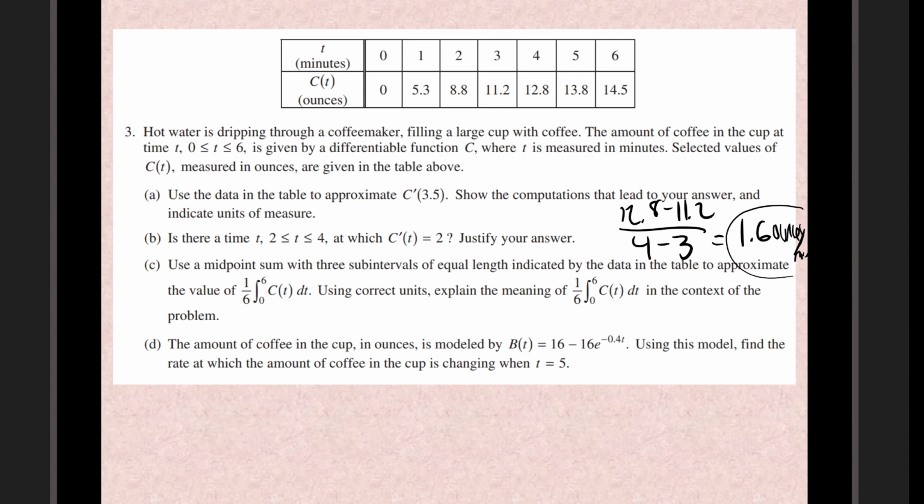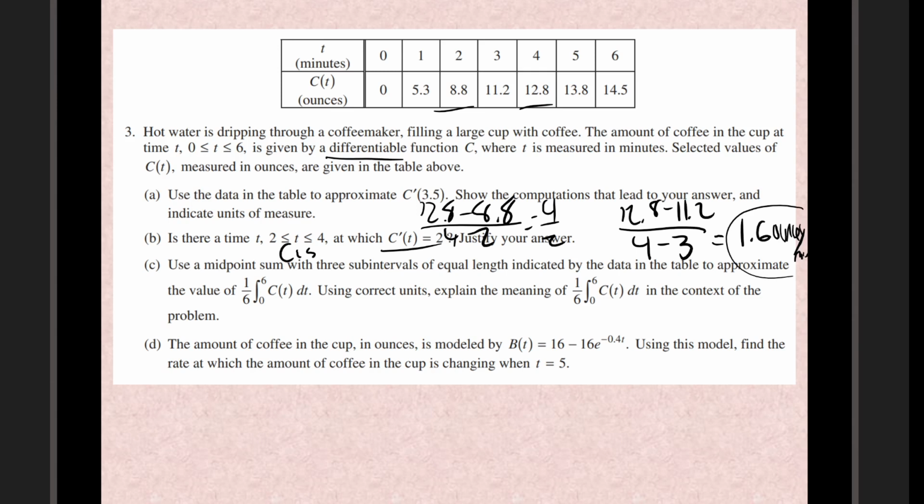Is there a time between 2 and 4 for which C prime equals 2? We have C and we're asked for C prime. This means we're using the mean value theorem for derivatives, so I should do y2 minus y1 over x2 minus x1. That's 12.8 minus 8.8 over 4 minus 2, which is 4 over 2, which is 2. So where does it mention it's differentiable?